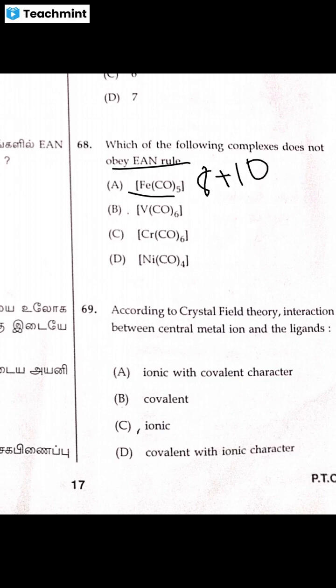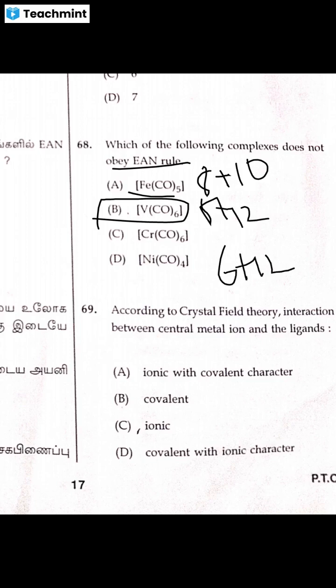Scandium, titanium, vanadium: 5 plus 12, 17 only. So check option B. Chromium is d5s1, 6 plus 12 is 18, okay. And iron, cobalt, nickel: 8 plus 10, that is also okay. Option B is the correct answer.